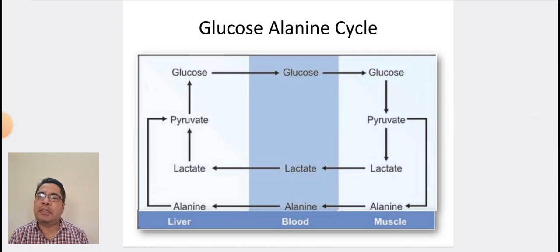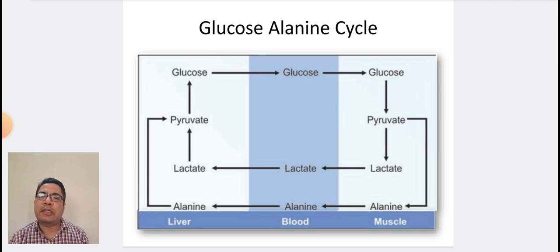In this diagram, we can see glucose alanine cycle. Lactate and alanine in the liver are converted to glucose. From here, the glucose enters the muscle cell through blood, and in the muscle cell again, lactate and alanine are regenerated.